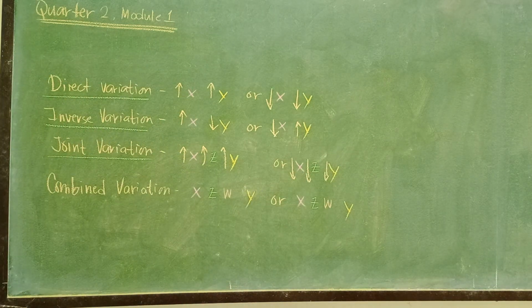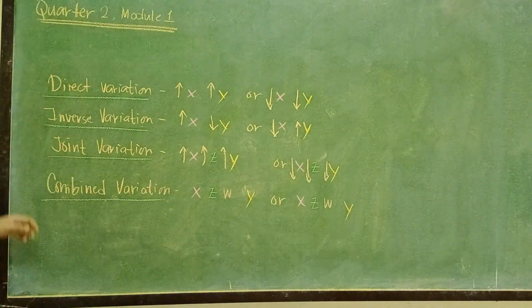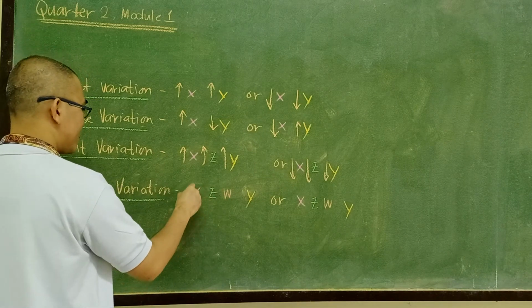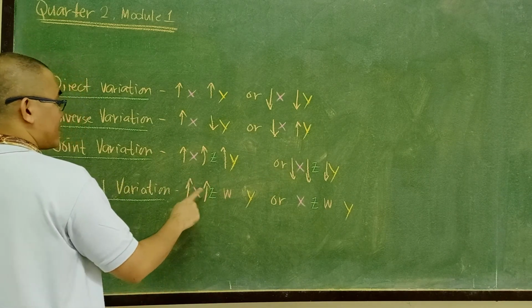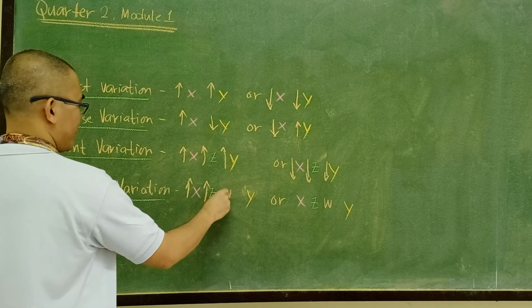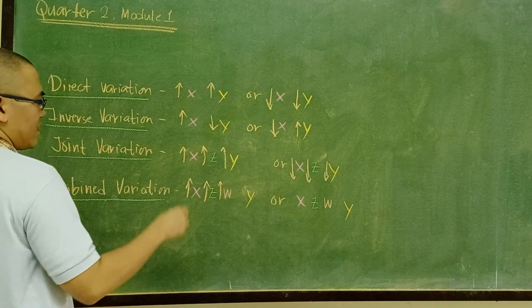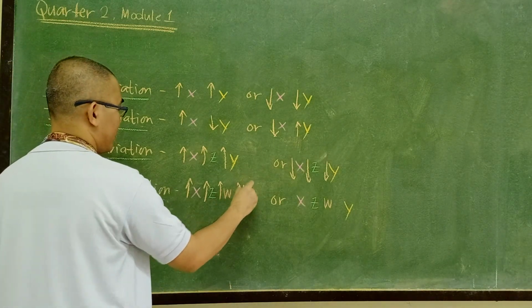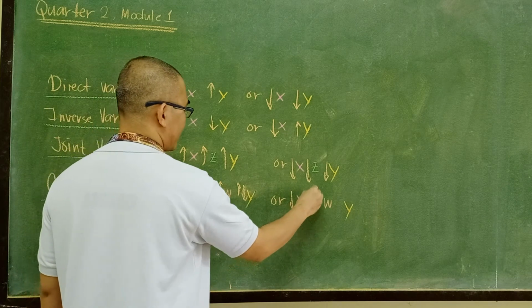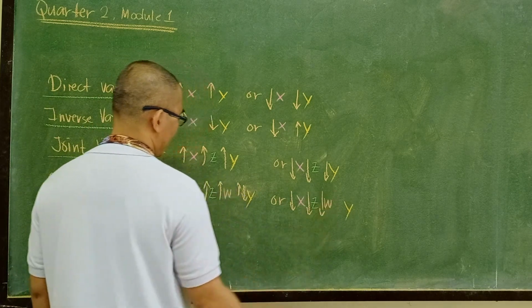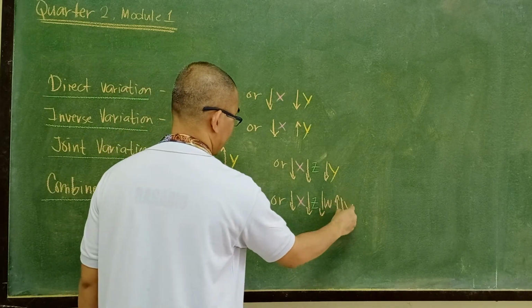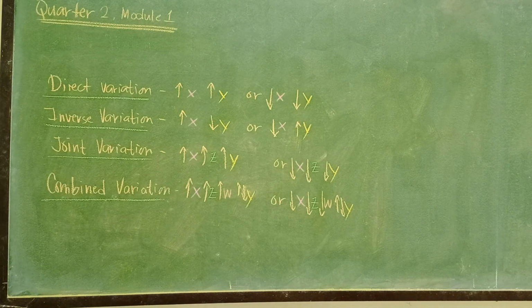Sa combined variation, which is combination ng inverse at joint, pag tumataas yung value ng x, z, or pati yung w, yung y, well, it depends. Pwedeng tumaas, pwedeng bumaba. Same with pag mababa yung value ng x, mababa yung value ng z, mababa yung value ng w, yung value ng y natin depende. Pwedeng tumaas, pwedeng bumaba.